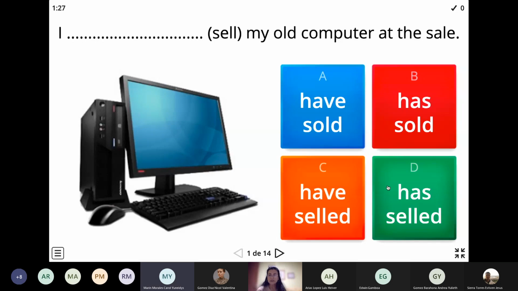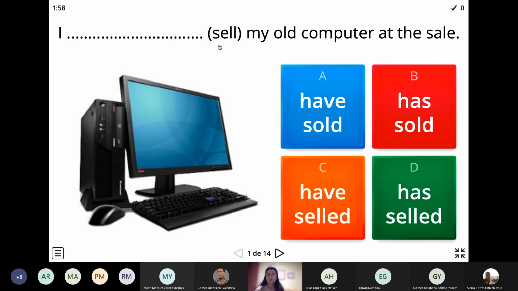Teacher, with the I, do you say has or have? And what is the past participle of sell? Sold. Very good. What is the answer? A. Nicole, can you read the answer, please?